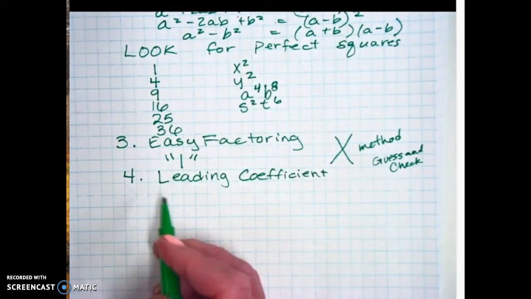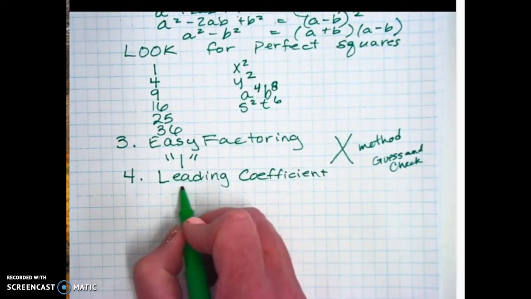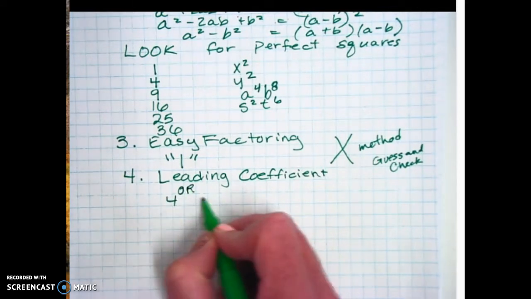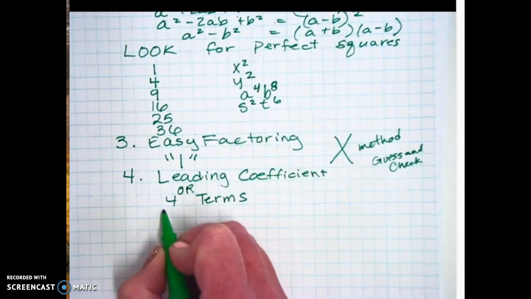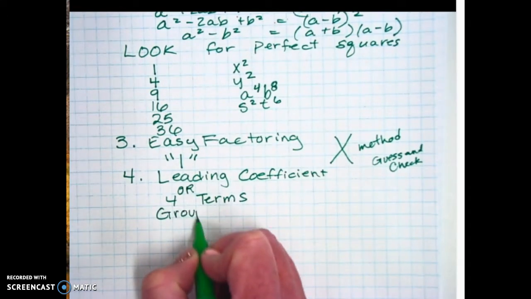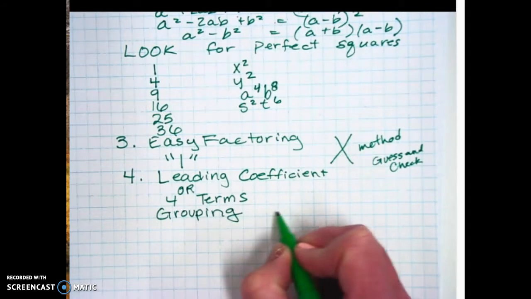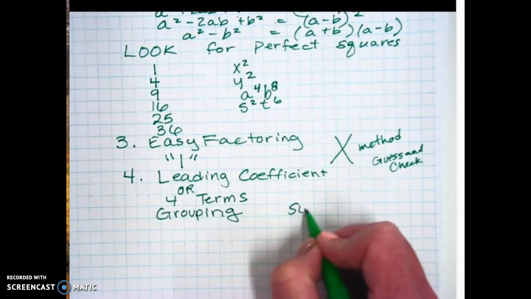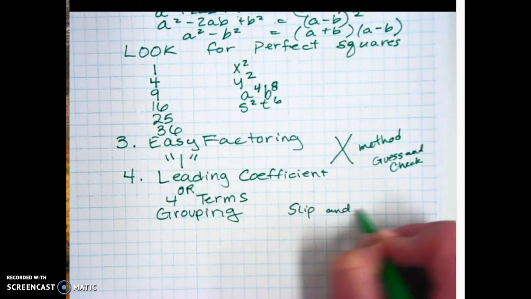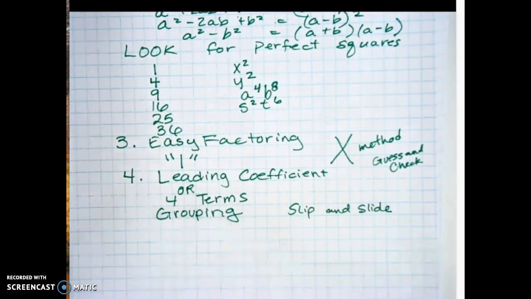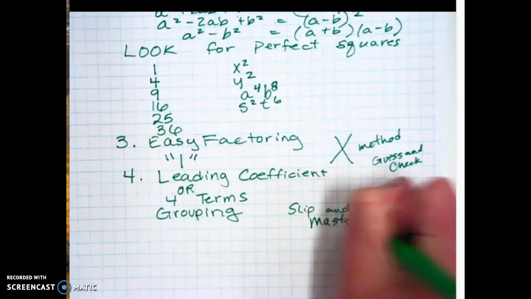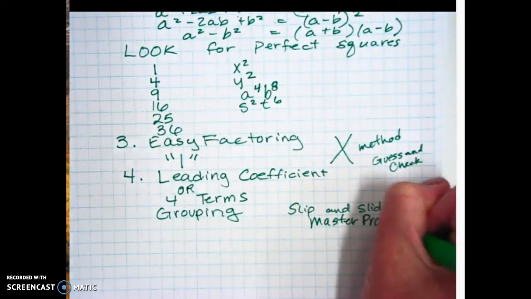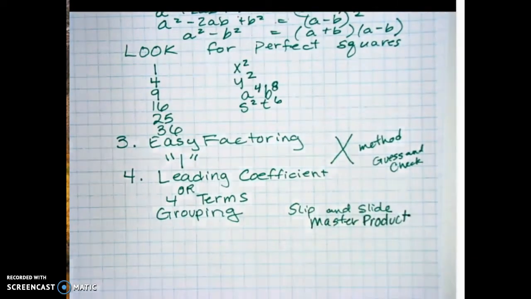If it's not, or it's 4 terms, you're either going to use grouping, if it's 4 terms, or you're going to use slip and slide. I call it slip and slide. You may have learned it as master product, just depending on who your teacher was. They're basically the same thing.